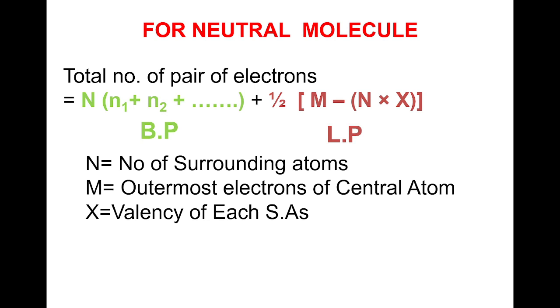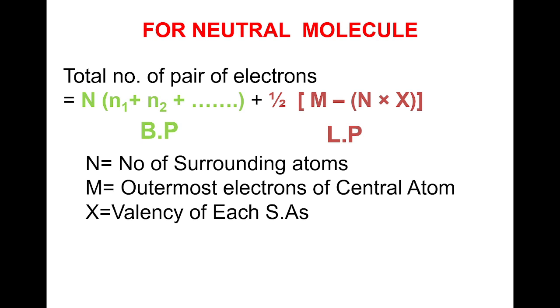As you know, according to VSEPR theory, lone pair-lone pair repulsion is much greater than lone pair-bond pair repulsion, which is greater than bond pair-bond pair repulsion. That is the reason molecules show different structures, geometries or shapes.